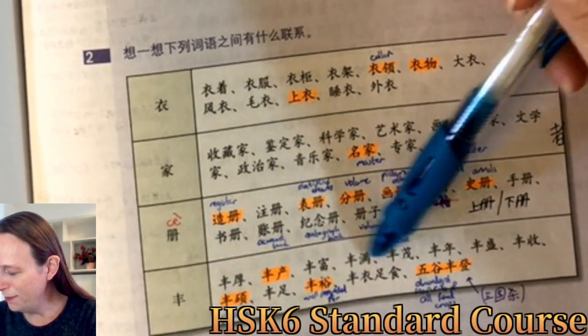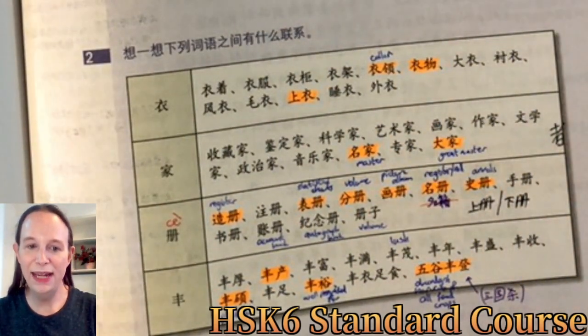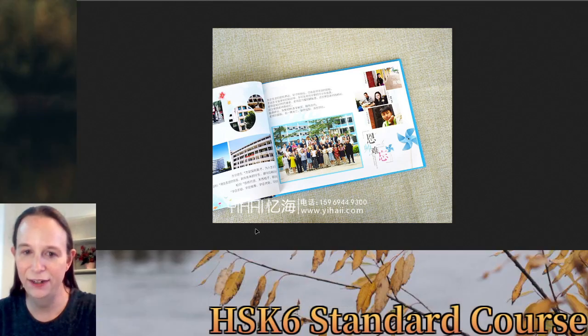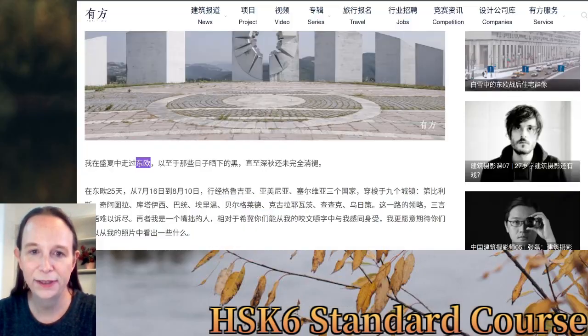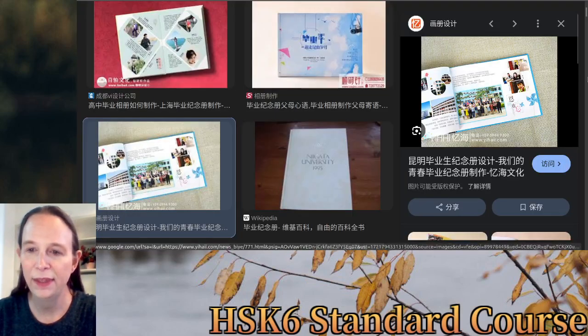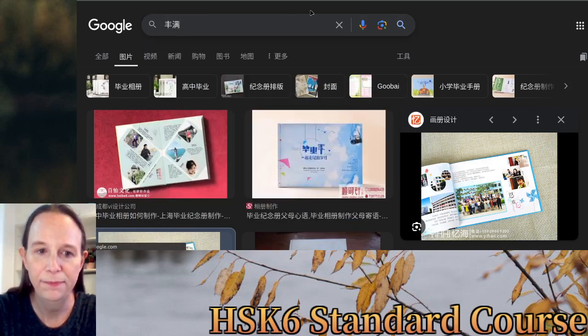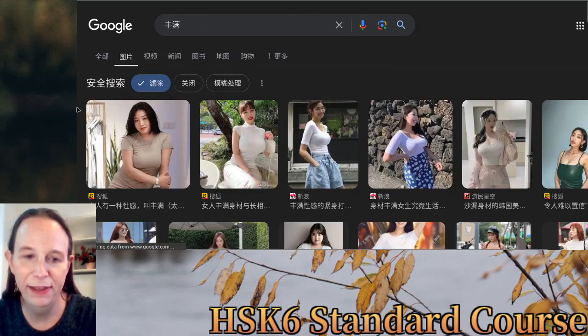All right, 丰满. 丰满 means plump, and it's usually an adjective used to describe like vegetation, fruit, that sort of thing. 丰满. What things can be 丰满?